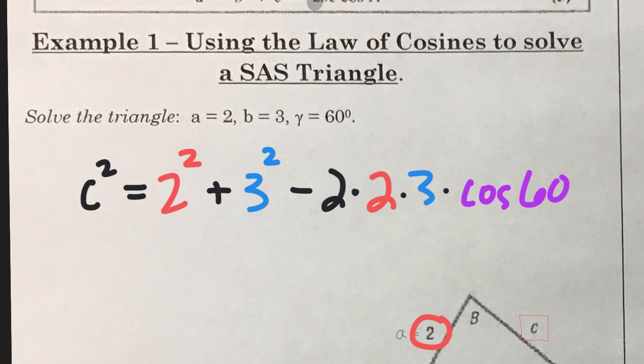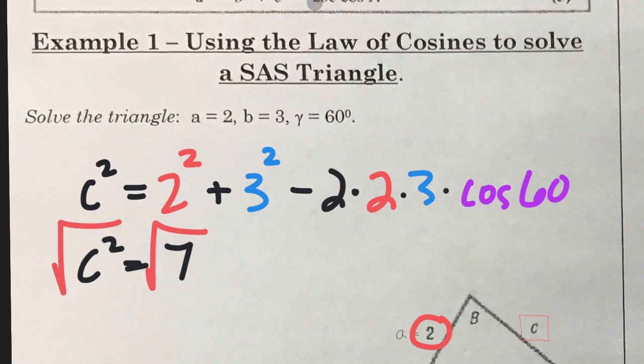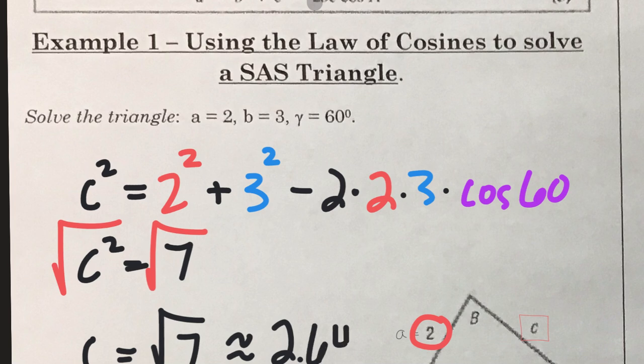This comes out to be exactly 7. But there's one more step because it's C squared. I have to take the square root of both sides, and C is the square root of 7, which is approximately 2.6458. That would be the value of C.